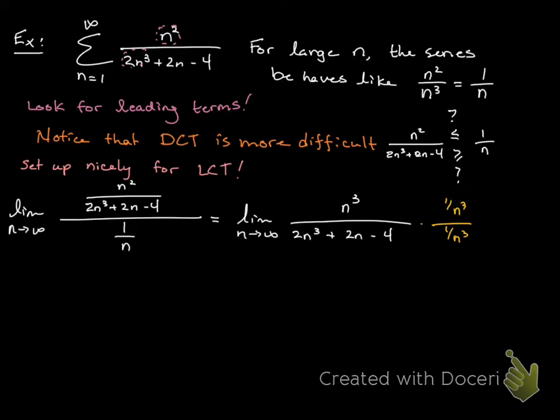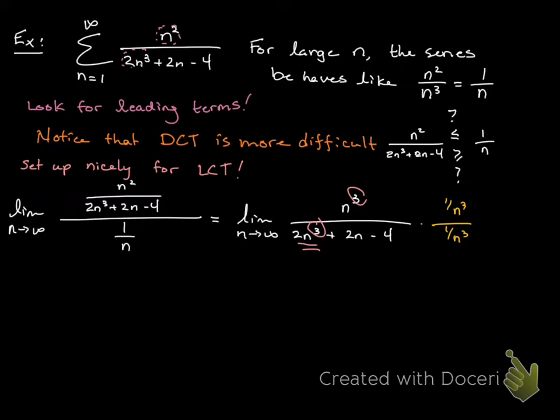So what I do is I divide both top and bottom by the highest power of n in the denominator. Okay? You could divide through by 2n cubed, that also works, but n cubed will suffice. In fact, really, that's enough to just look at the powers. Since the leading powers are the same in the top and the bottom, this limit should be the coefficients of the numerator and denominator. It should be 1/2.